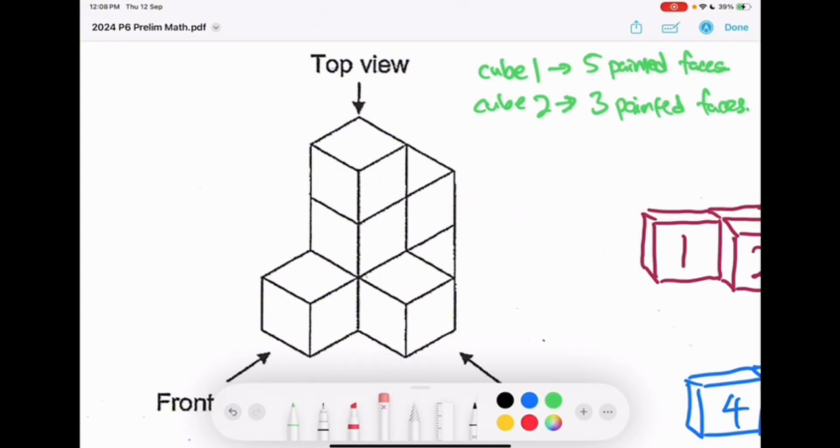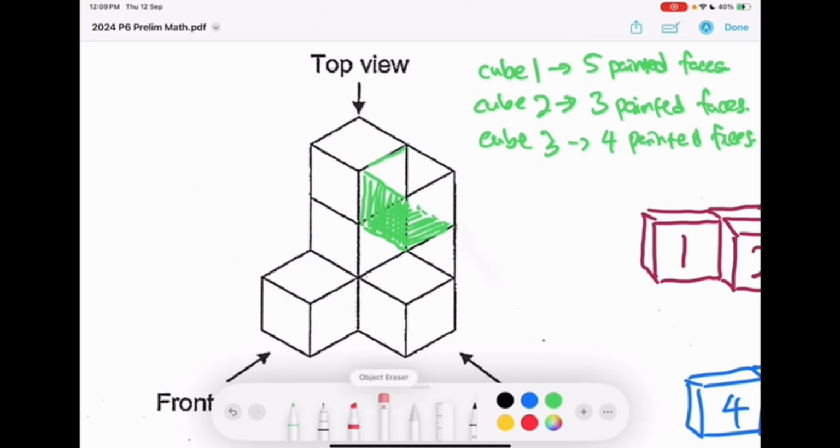What I'm going to do is the same. I'm going to draw the rest of the cube that we are not able to see, and determine how many faces are being blocked. So right off the bat, I know that the bottom of this cube is blocked. And furthermore, the side of the block is being blocked. And therefore, I have 2 blocked faces. Cube 3 will have 4 painted faces.